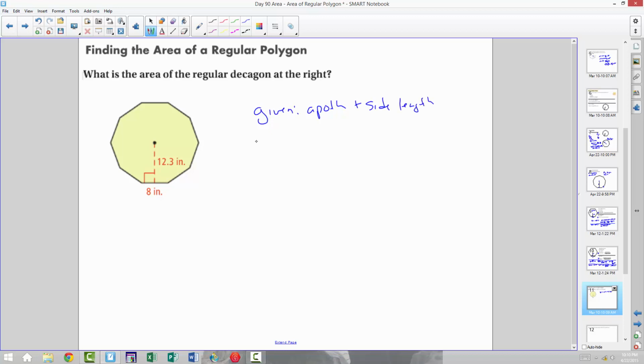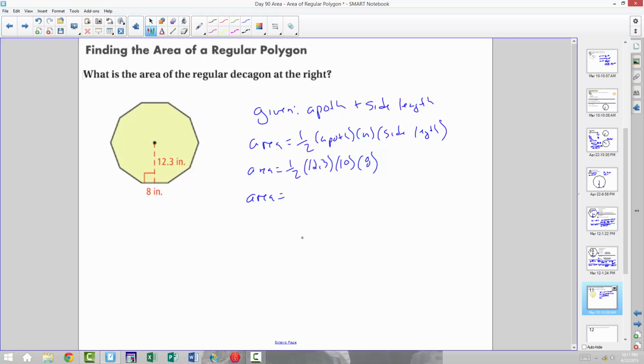So my area is equal to half the apothem times the number of sides times my side length. Half the apothem, which is 12.3, number of sides, decagon, is 10, side length is 8. So my area is half times 12.3 times 10 times 8.